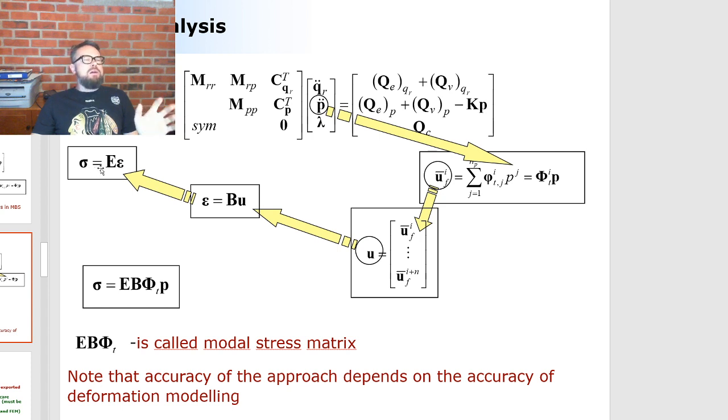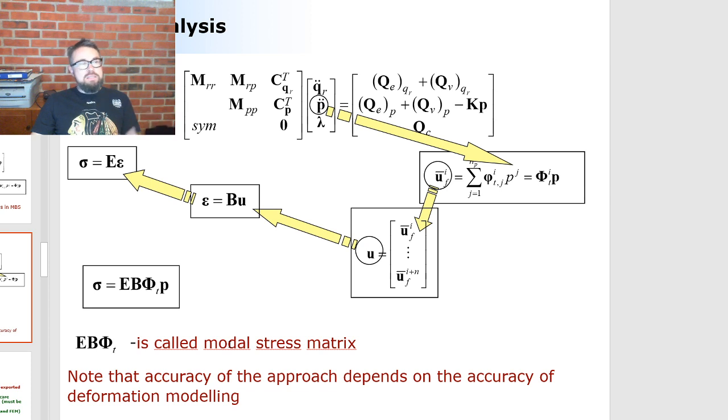Now when putting all these packets together, so these elastic coefficients or other material parameters, the kinematic matrix, the displacement associated to one element, and then all the way back from nodal coordinates to modal coordinates, once you put that in one package, you can call this a modal stress matrix.